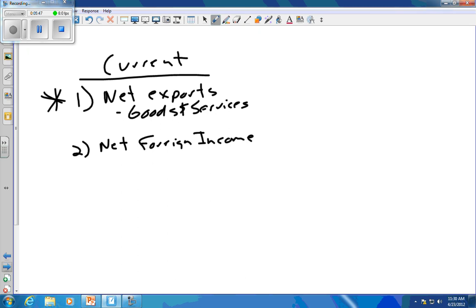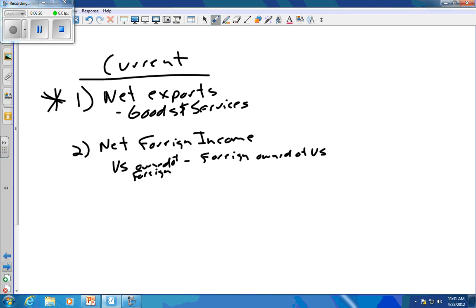Net foreign income, very simply, is U.S. owned assets that pay income from foreign countries versus what they own of ours. So U.S. owned of foreign minus foreign owned of U.S. And you're probably a little confused right now. Give me an example, Crowdy.